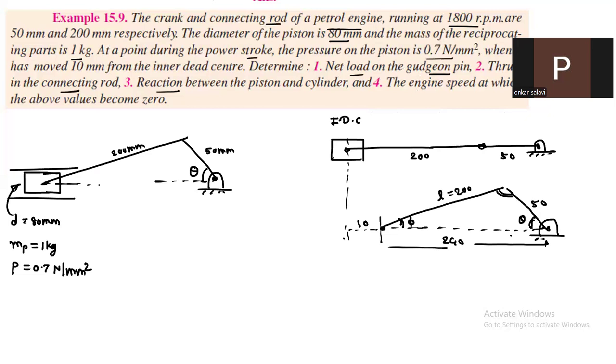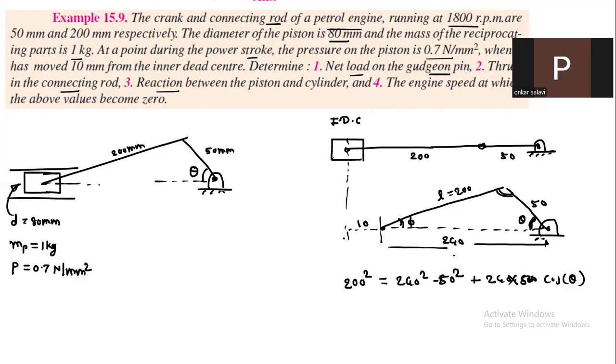So here we have to use the cosine rule as we don't know any of the angles. Just assume this angle as theta and use the cosine rule, where this is the opposite side. So 200 square is equal to 240 square plus 50 square minus 2 into 240 into 50 into cos of angle theta.